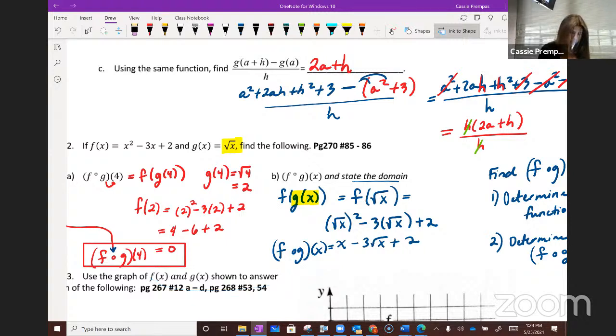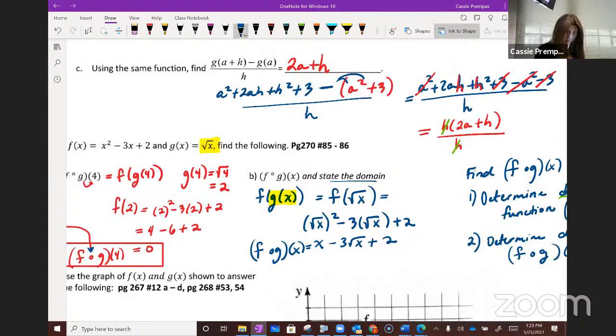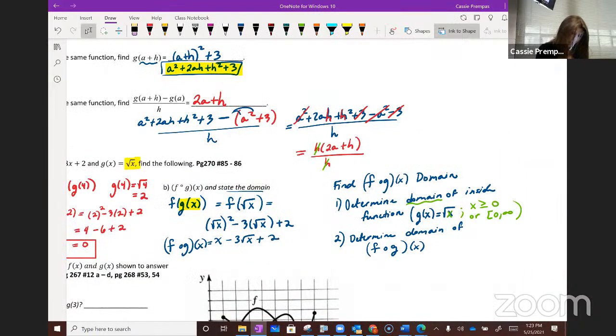So here's my answer, but I need to determine the domain. If I look at what is f of g of x, it's this. What would be the domain of that? Yeah, it's the same in this case because we have a square root again. So again, x has to be greater than or equal to 0, or you could say 0 to infinity.